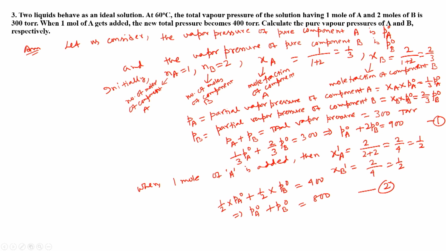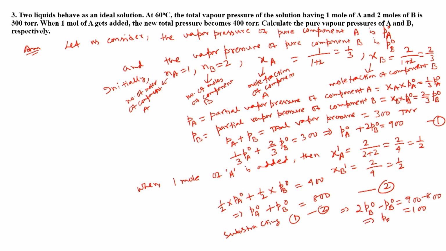If we solve equations 1 and 2, subtracting 2 from 1, we get 2 PB naught minus PB naught gives 900 minus 800, so we get 100.